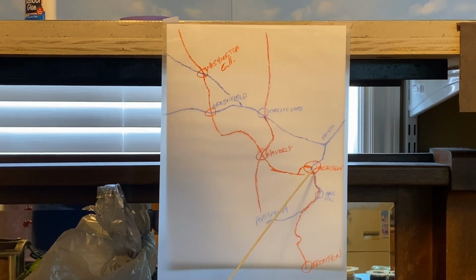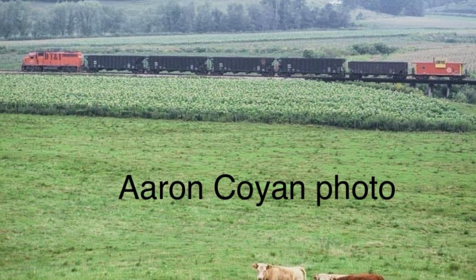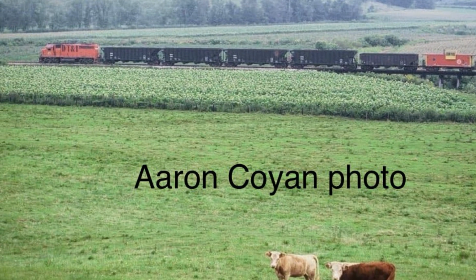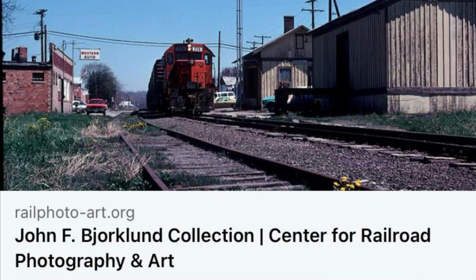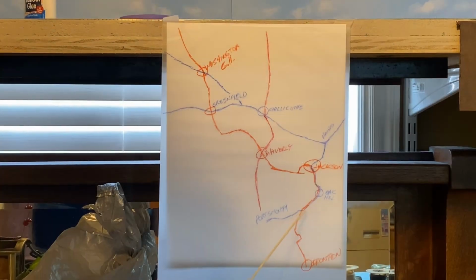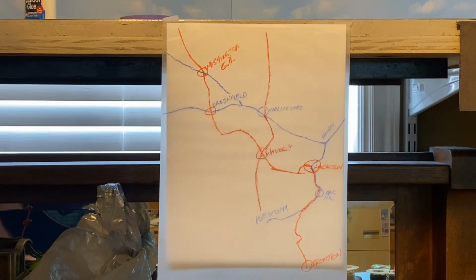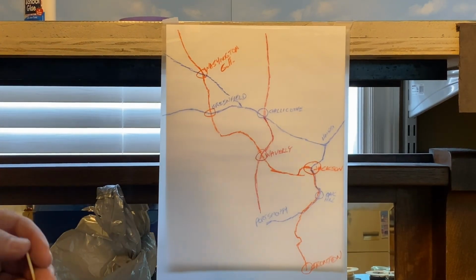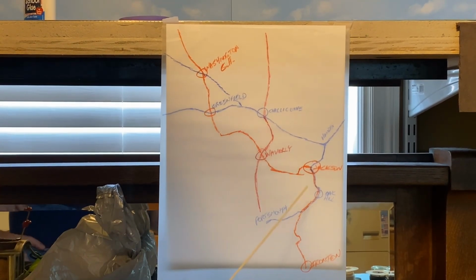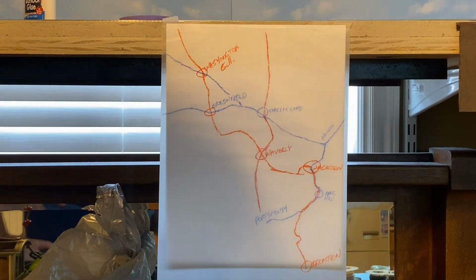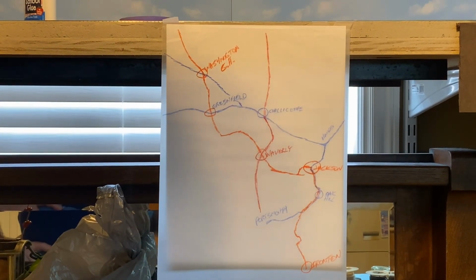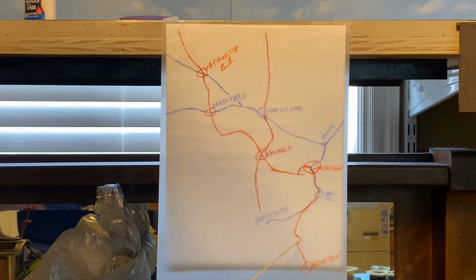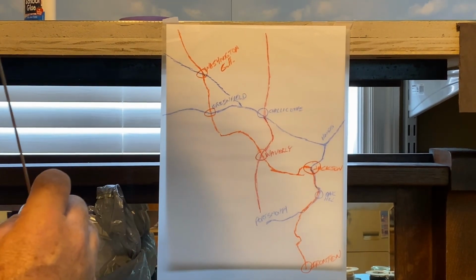DT&I had trackage rights from Jackson through Oak Hill down to a place called Bloom Junction, and they went on down to Ironton. Once the Chessie System was formed, in the 80s, the B&O was trying to get rid of it. There wasn't much business left on the Ironton branch anyhow. They had a tunnel, which had a lot of maintenance on it.